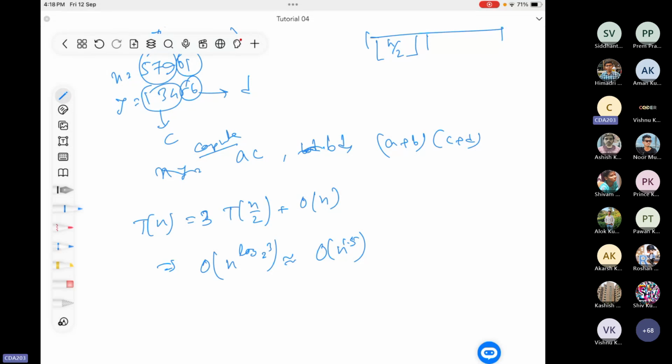Okay, but in practice, this algorithm is good for long integers. For smaller integers, for small digit numbers, we don't care. But if n is too large, then this kind of technique will help to solve the problem.